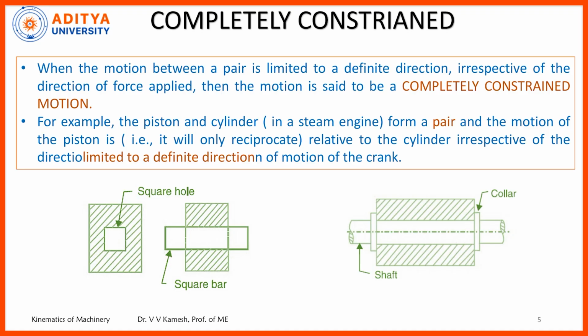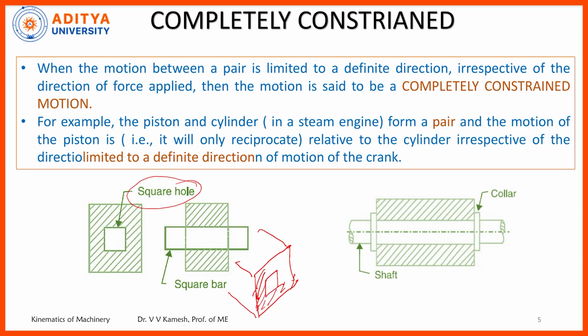Suppose, for example, you might have seen in the left diagram, this is the square hole. A square hole is taken, and here this is the side view, this is the square bar, right? Actually, this will be like this. Suppose this is the element. So it may be a metal or it may be a wood, whatever it might be.